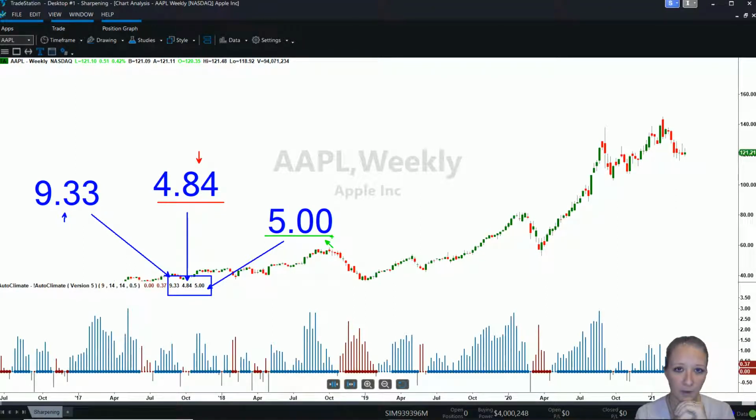Why is that important to know? Because if you've come to the end of a normal move to the downside, you have less probability of it continuing to the downside. Let's say, for the sake of argument, instead of 5, it said 1. Well, that would be better, because it normally goes down for 5 candles and we're currently on candle number 1, meaning based on what usually happens, we have probability of a continued move down.